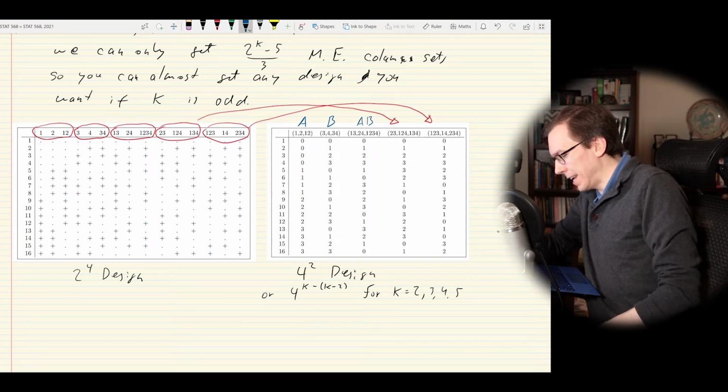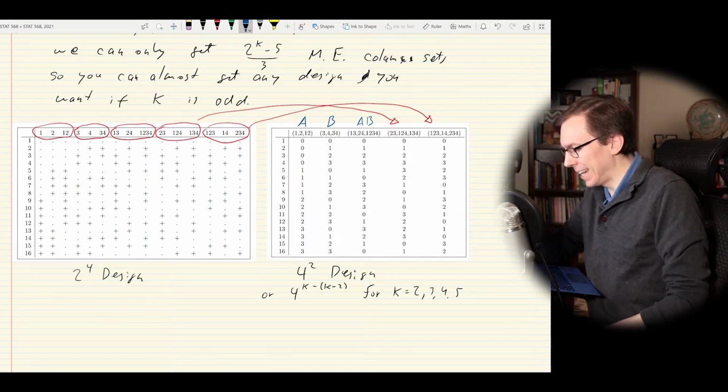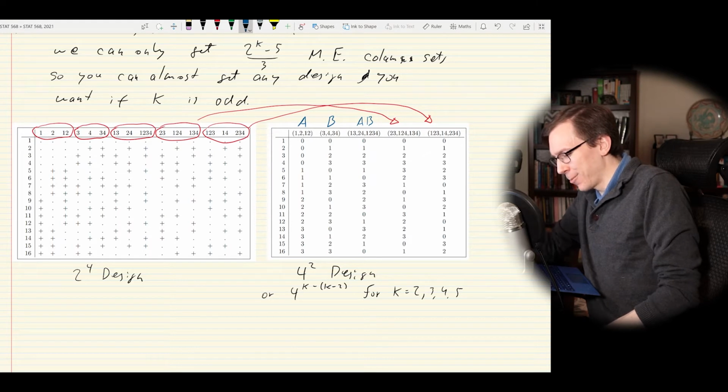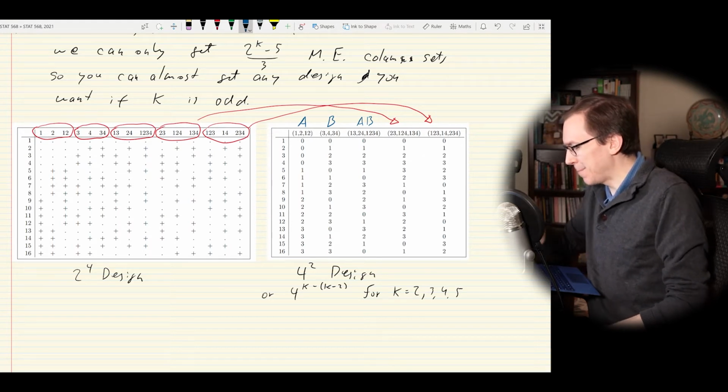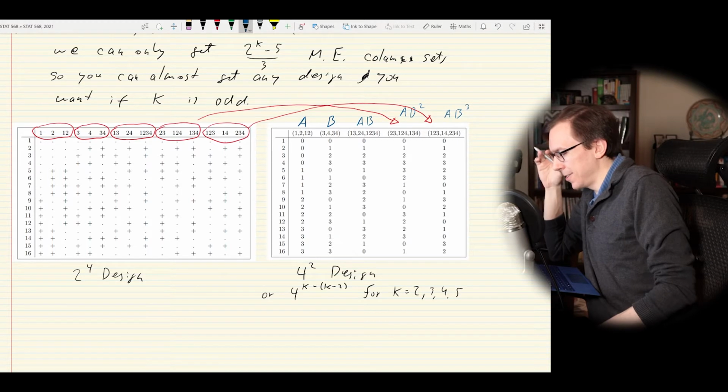Just quickly scanning down the columns, and actually I can just do it over here, because 1 times 3 is 1, 3, and 2 times 4 is 2, 4. So this would be the interaction. And then these other ones would be maybe something like AB2 and AB3, though I didn't double check that.